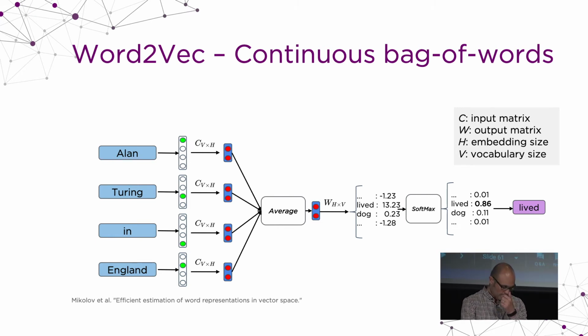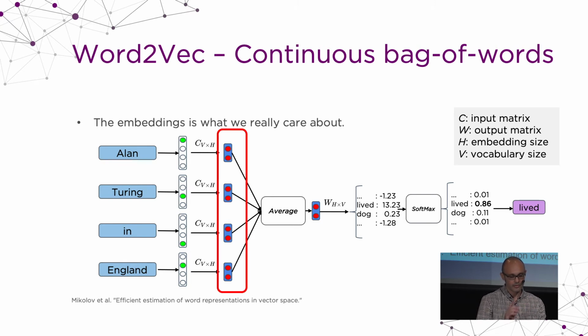The interesting thing about this model is that we don't care too much about the task or the model. We only care about this part here. In order to solve this task, which is not so interesting for us, the word2vec algorithm is forced to create an interesting representation for every word that captures the semantic information associated with that word.